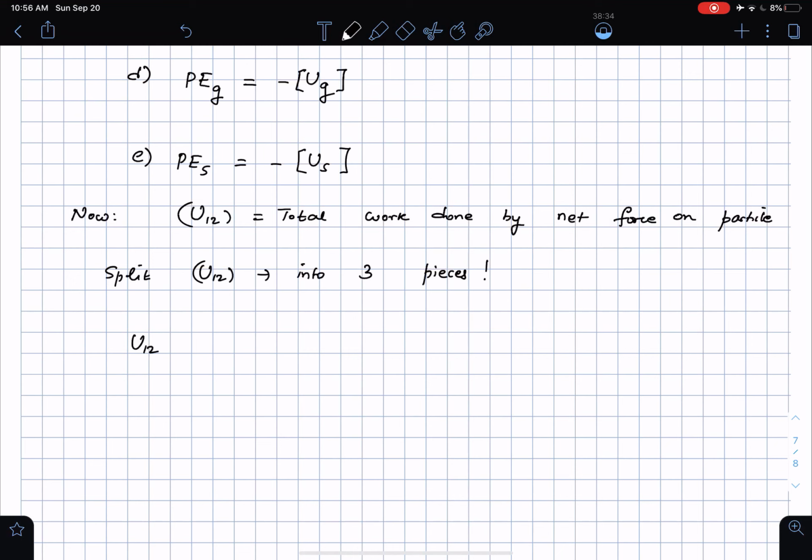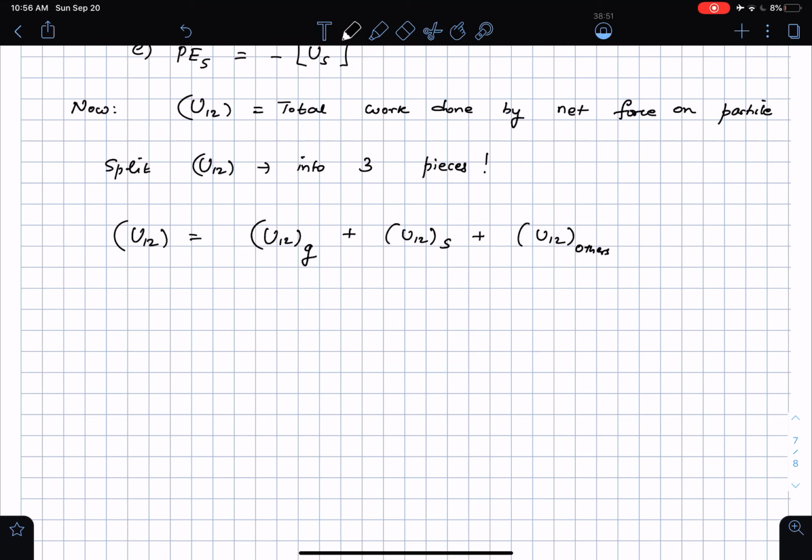So U12 total is U12 due to gravity, U12 due to spring, and U12 others. Okay, so what is U12G?